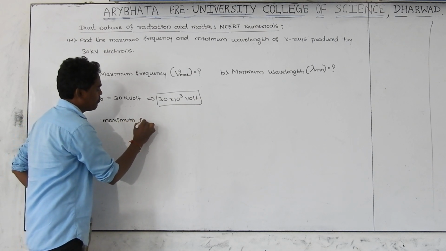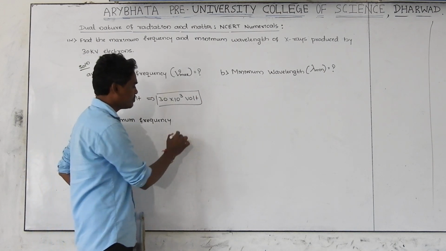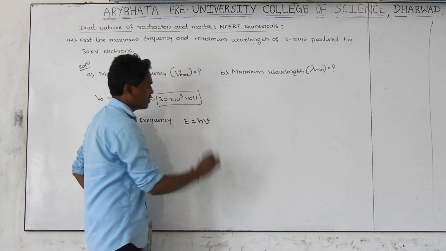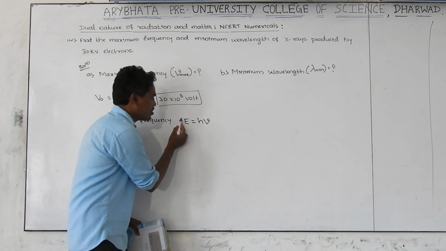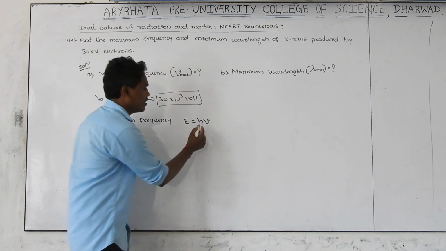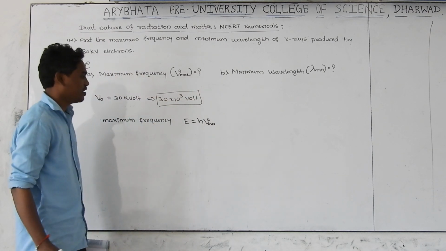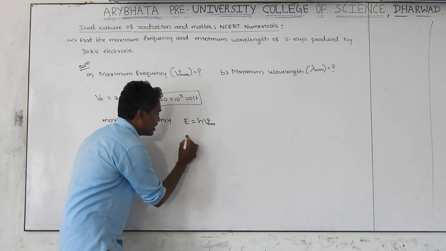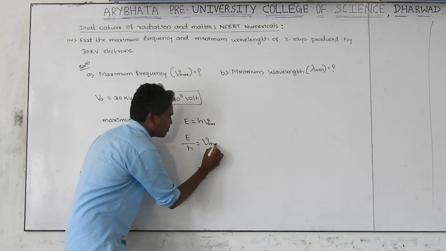You know the formula: E is equal to h nu. Here E is the energy of radiation, h is Planck's constant, and nu is frequency. Make it maximum because you have to find the maximum frequency. Maximum frequency can be written as E divided by h, equal to nu max.